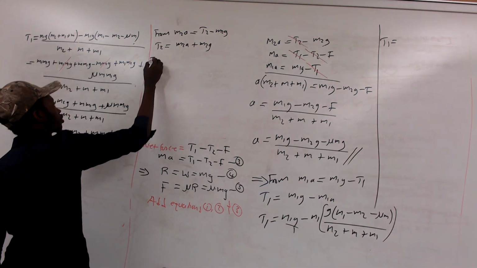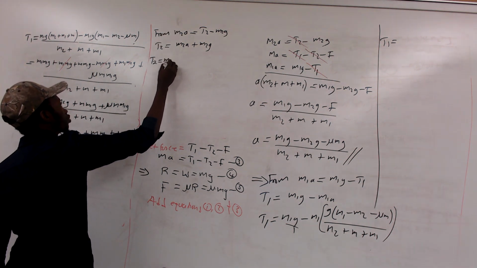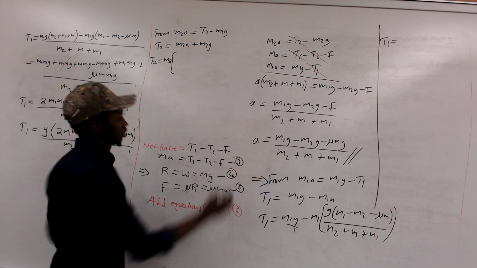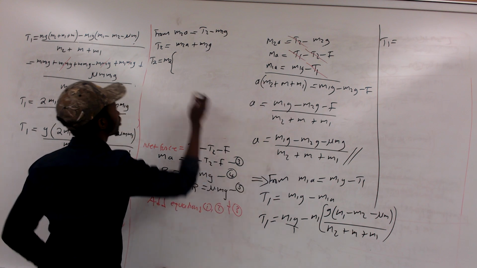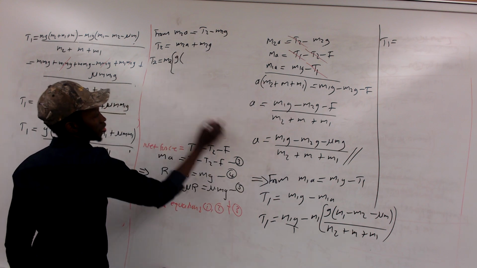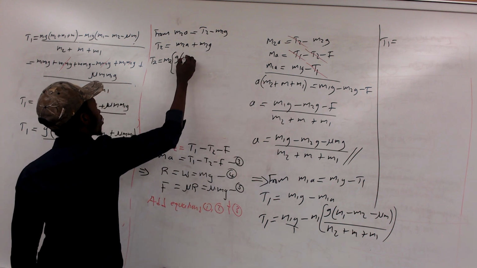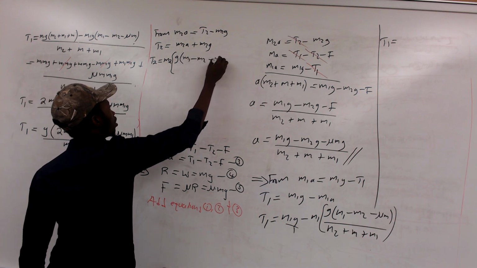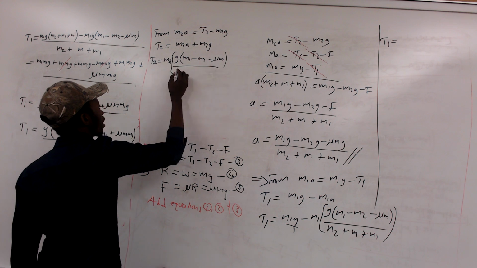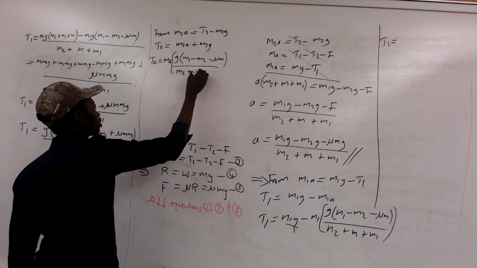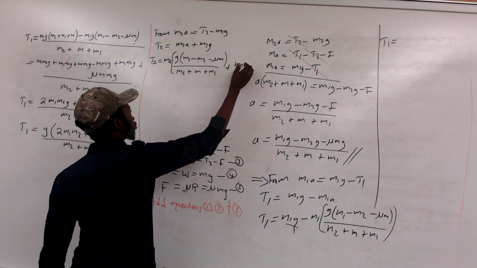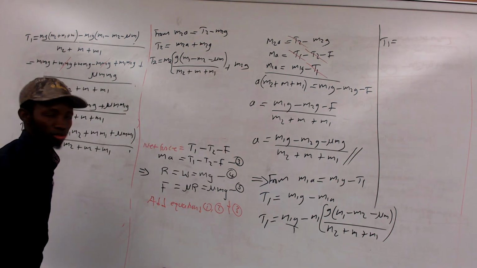So if we substitute now, T2 is going to be M2 into what is A? And A is just G into M1 minus M2 minus mu M divided by M2 plus M plus M1, plus M2G. So we'll further continue.